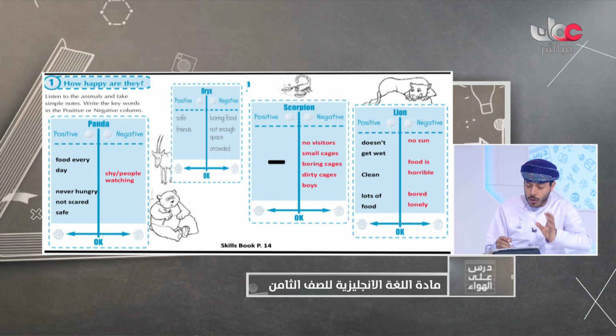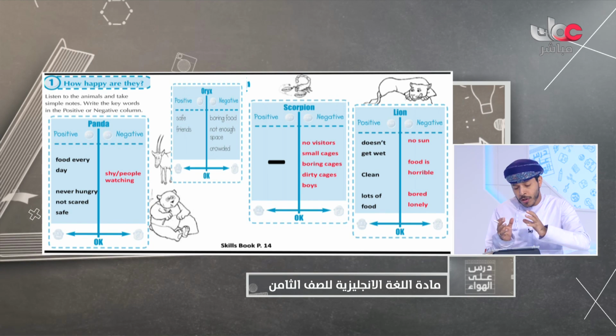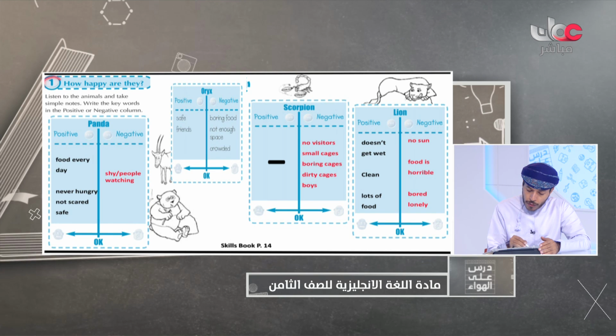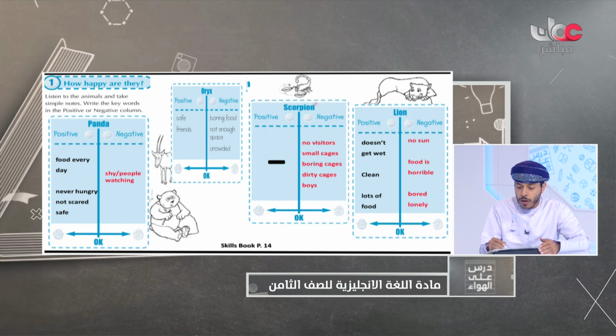So all these are going to be your speakers in the listening transcript with your teacher at school. So you can listen to it with your teacher, but here the focus is on the different features, because our unit is talking about different features of our creatures. Okay, so in activity number 1, how happy these animals are. Okay, are they happy or not? For example, let's look at the scorpion. Okay, it doesn't have any positive feature, okay, but all its features are negative.